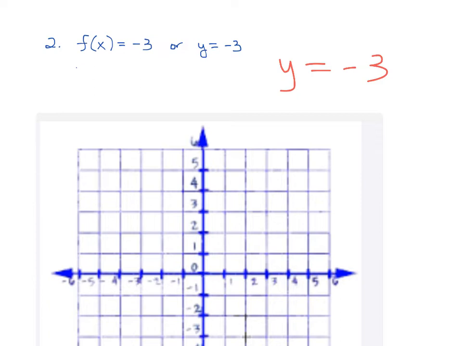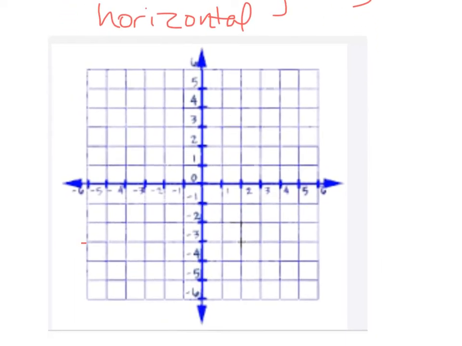So whenever you see it's y equals a number, our graph of the line is going to be horizontal, because every single point is going to be here on -3. So when it's y equals a number, whatever that number is, it's a horizontal line through the y-axis at that number. So it's y equals -3. It's a horizontal line through -3.